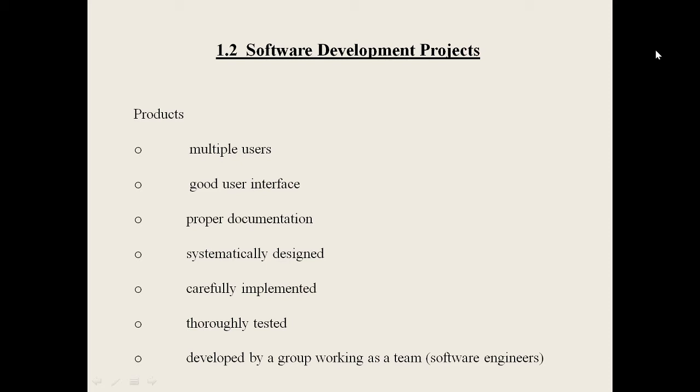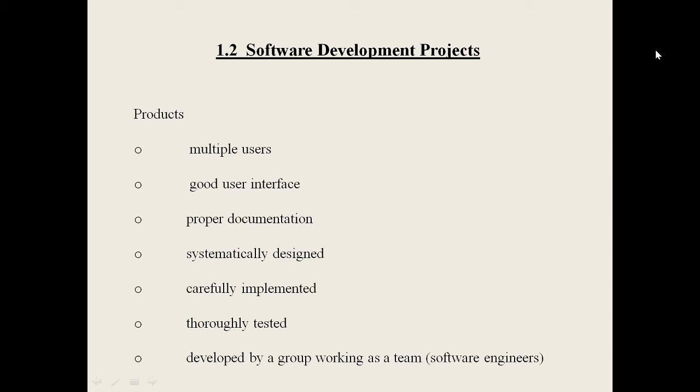And a product is always developed by a group working as a team. The developers of the softwares are always termed as software engineers because they apply a specific design process, they apply specific planning, and they are systematically designed and carefully implemented.